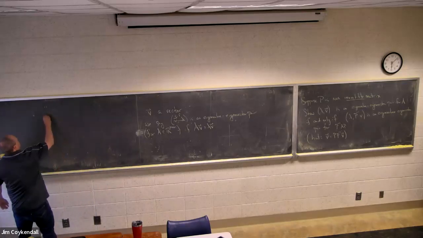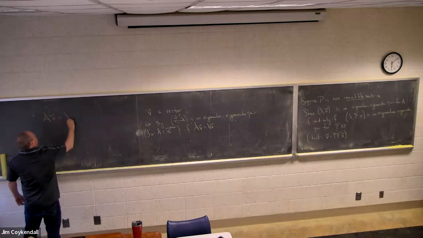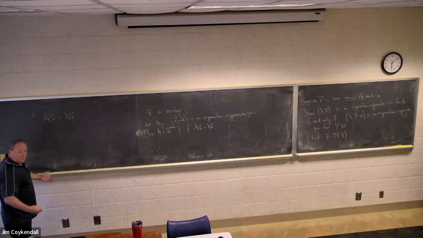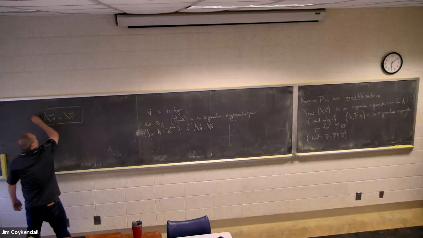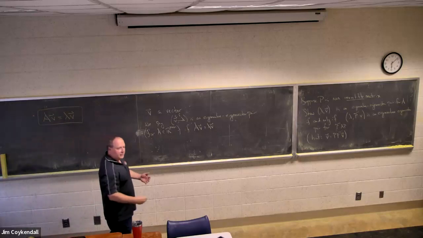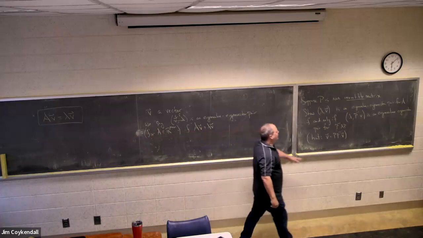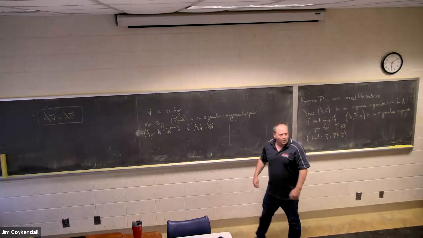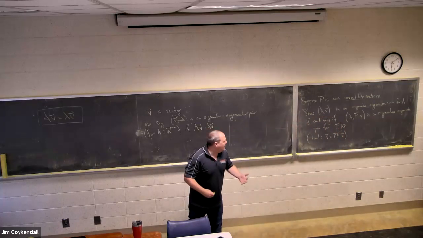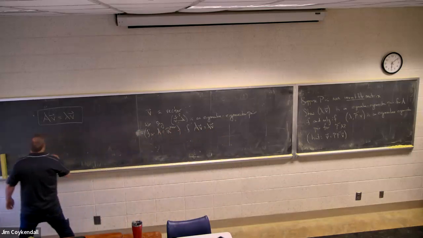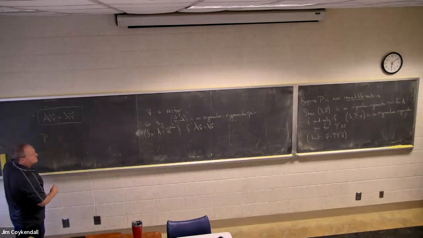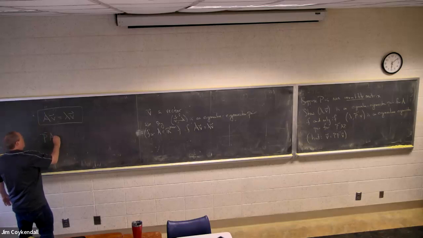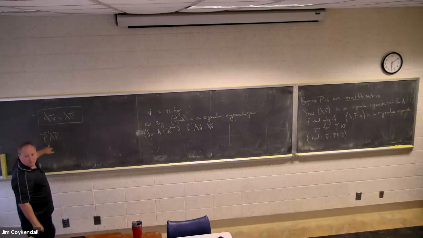It means that A V equals lambda V, right? Because that's what it says on the test. And it says, show that this is the same thing as this being an eigenvalue, eigenvector pair for this. Right? Well, let's write down what that means. The role of A is now being played by P inverse A here. Everybody agree with that?